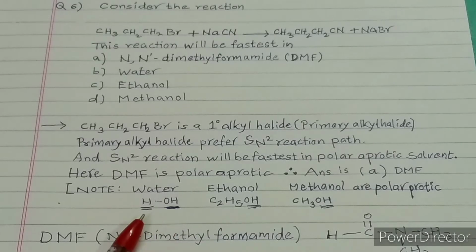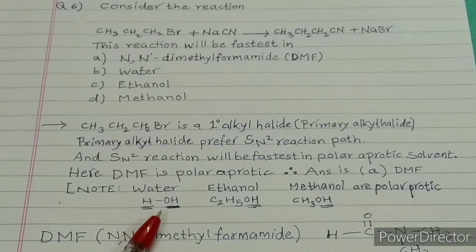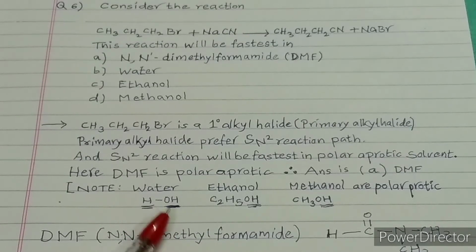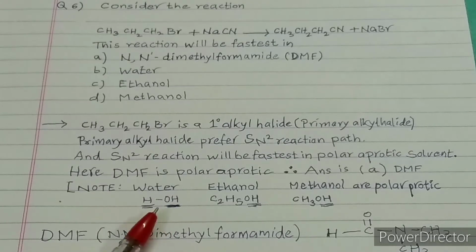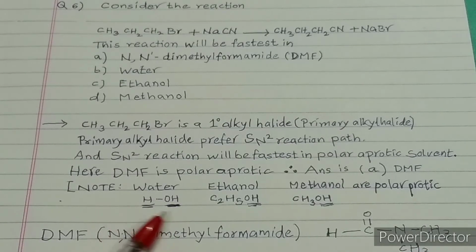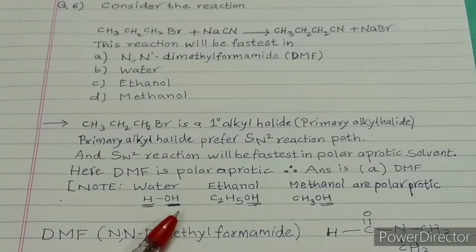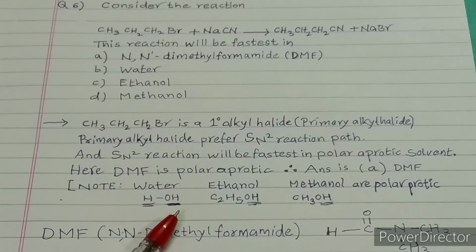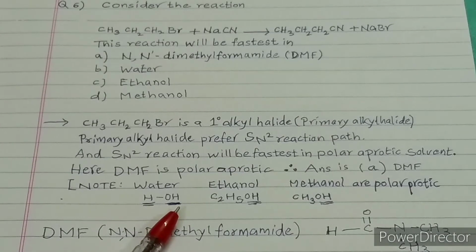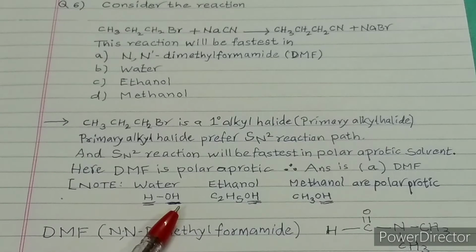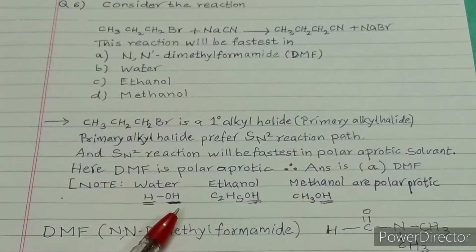For example, water contains an OH group, therefore it is polar. Polar means it has slightly positive and negative poles in the molecule, and since they have an OH group, they are also called protic. Therefore these are the polar protic solvents.